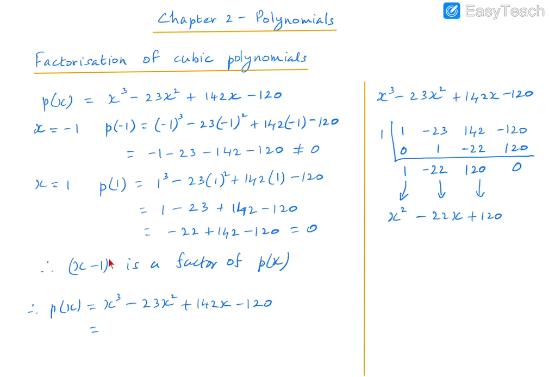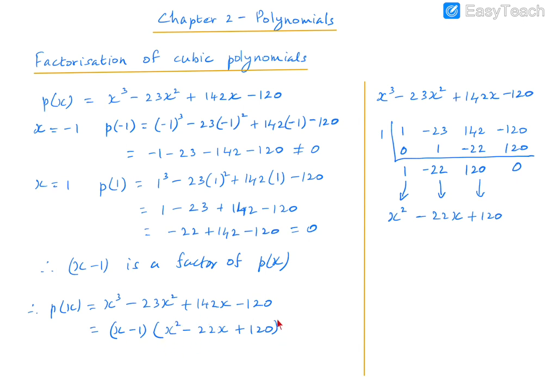One of the factors is x minus 1 and the other factor is x square minus 22x plus 120. So we can write it as x minus 1 into x square minus 22x plus 120. Now we have written it as a product of its factors.